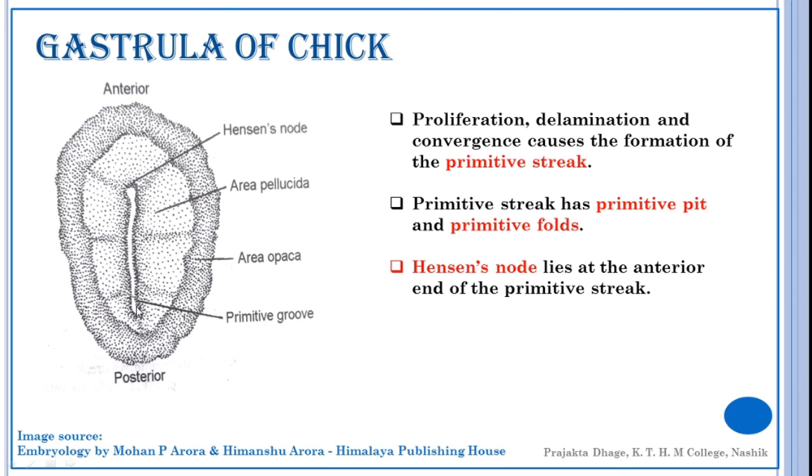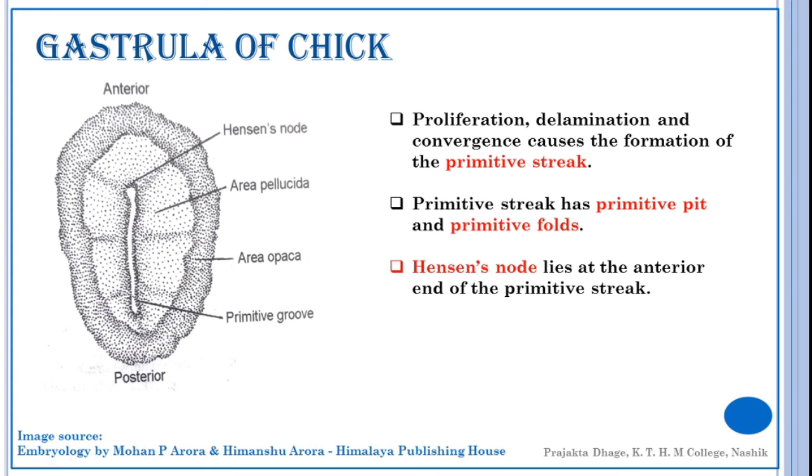Now the primitive streak is characterized by the presence of a primitive groove. You can see a groove running over here, white in color. This is nothing but the primitive groove, and on both sides it has primitive folds. Often a primitive pit appears in the form of a depression, and the raised area around the primitive pit is Hensen's node. Towards the anterior region you have this structure referred to as Hensen's node.